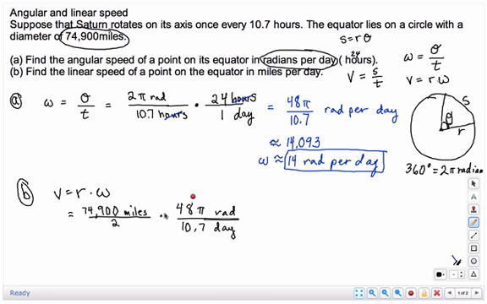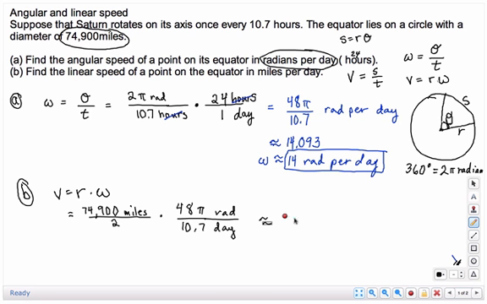Now we multiply this all together: 74,900 times 48 times pi divided by 21.4, because that's what 2 times 10.7 gives us.